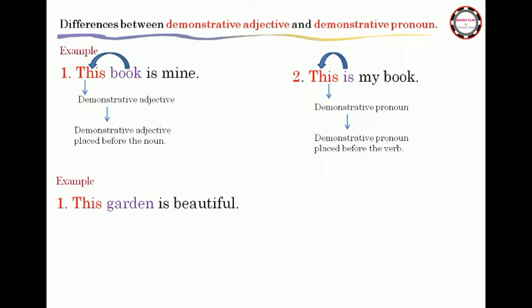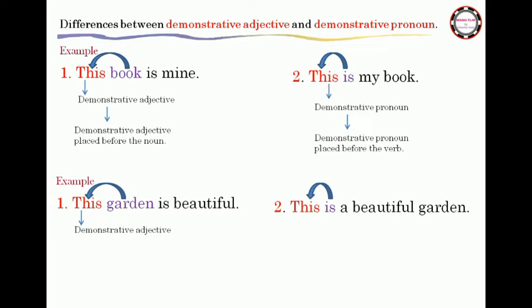Here, garden is a noun. This is a demonstrative adjective placed before the noun. Similarly, in the second sentence, this is a beautiful garden. Here, is is a verb. This before the verb is a demonstrative pronoun.